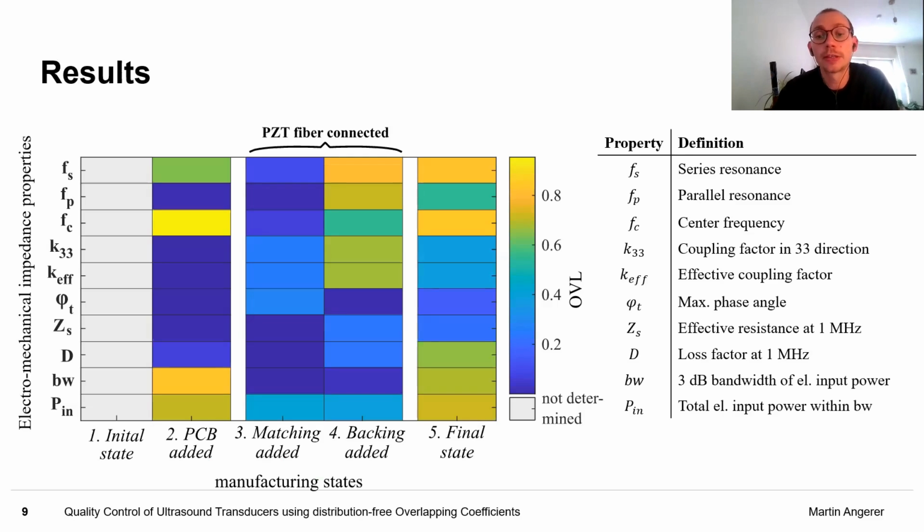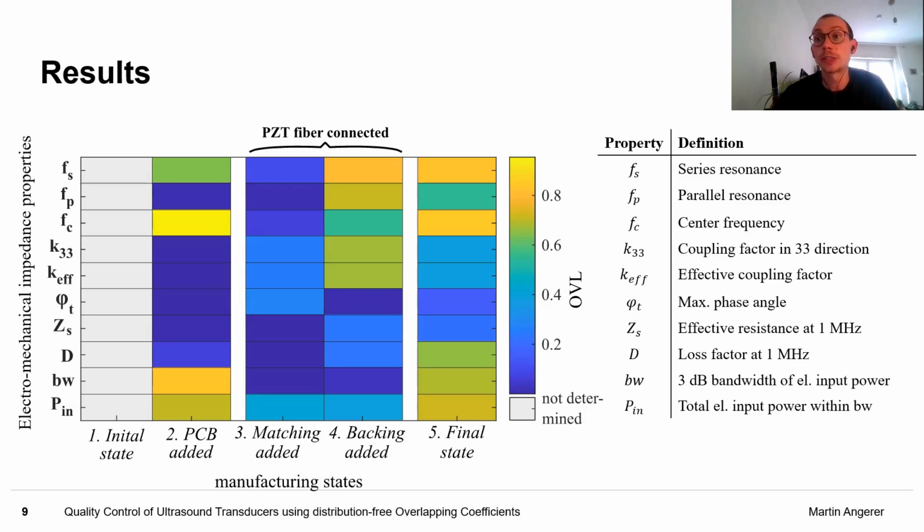Very low overlapping, so very blue values, means that a high separability between the two groups or probability density functions is given, and very high overlapping means very low separability of the respective groups.